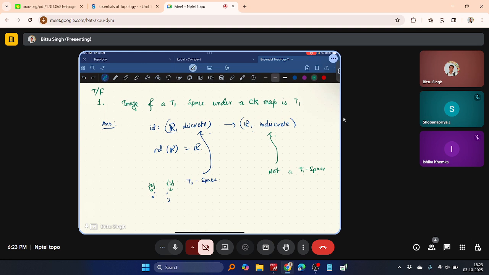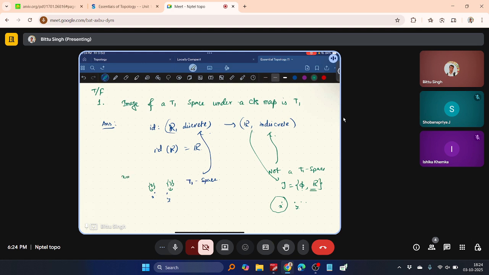There are only two open sets, the empty set and R. Now if we consider any two distinct points x and y, we do not have any open set which contains x but does not contain y, because the only non-trivial open set is R, and R contains both x and y.